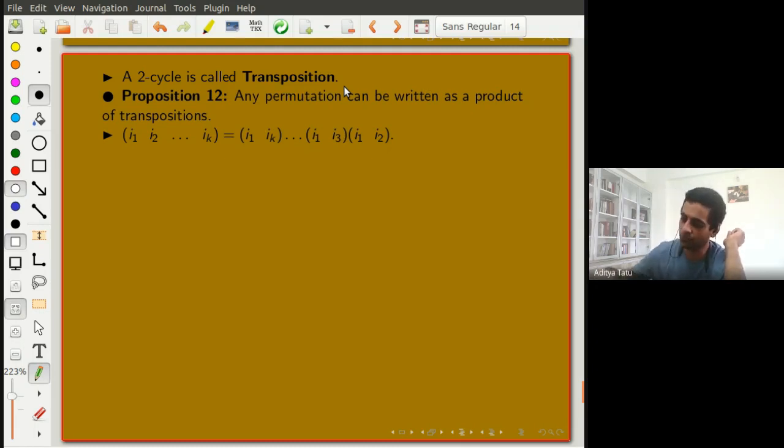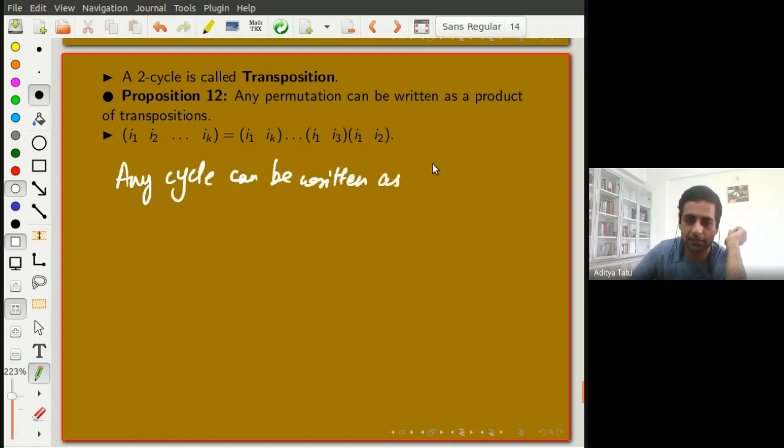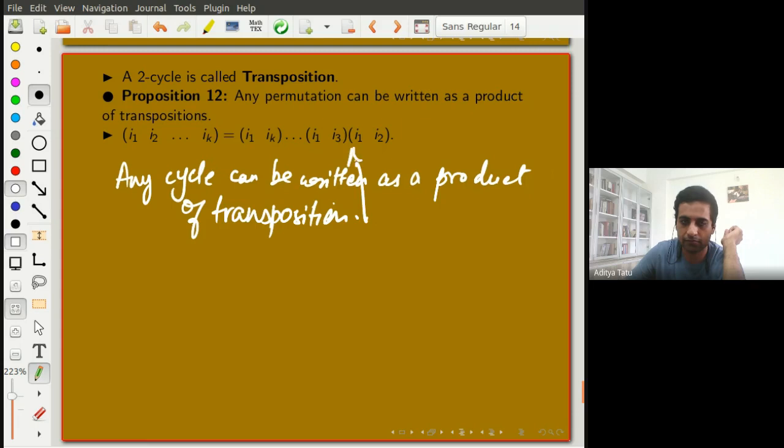And the proof that any cycle can be written as a product of transpositions is just given here.